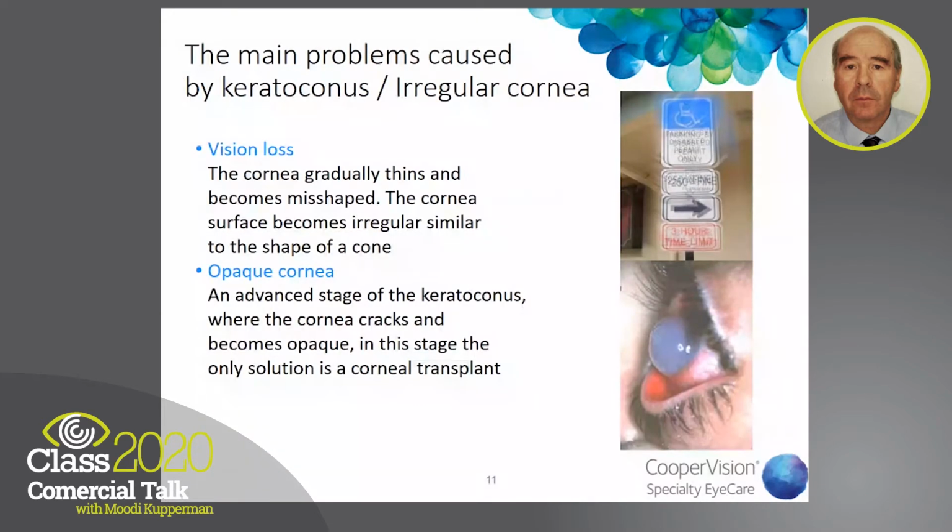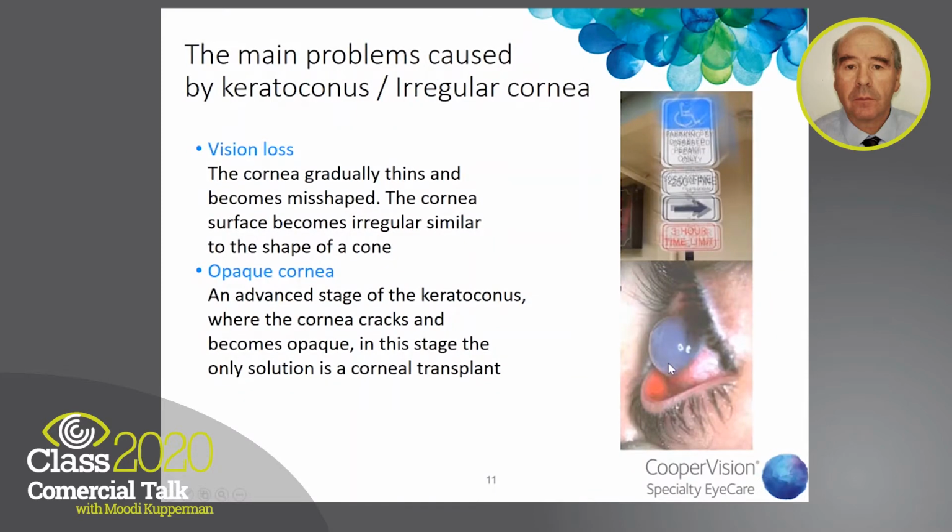What are the main problems caused by the keratoconus or the irregular cornea? At the first stage, there is a vision loss. The cornea gradually thins and becomes bulged. The corneal surface becomes irregular, similar to the shape of a cone. This is at the beginning, but in the latest stages, not everyone gets it, but there are some people that get an opaque cornea.